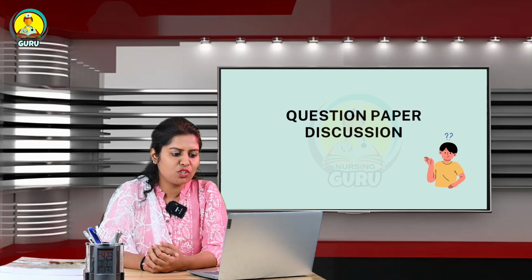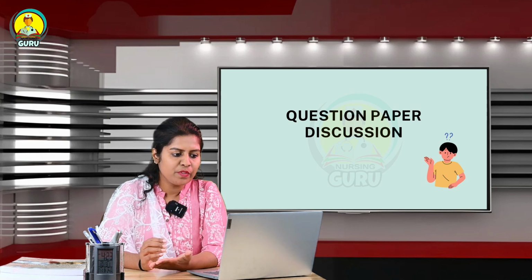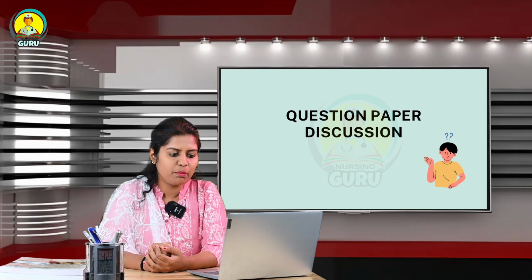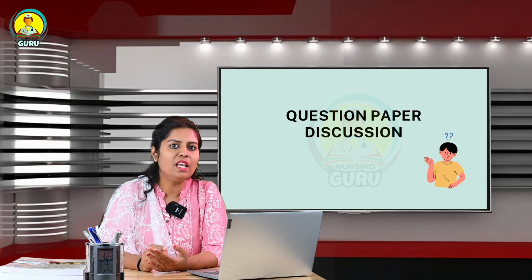Next they have given short notes, a total of 4 questions for 5 marks, so 4 into 5 is equal to 20 marks. You need to answer all the 4 questions. Next main heading is differentiate between. Here you have 3 questions for 2 marks, so that is total 6 marks.